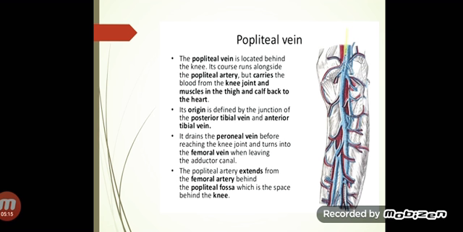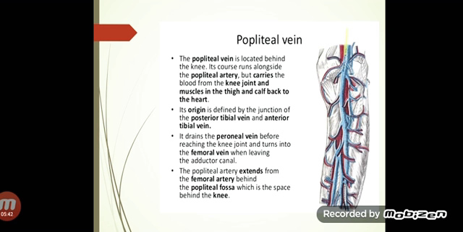Then popliteal vein. The popliteal vein is located behind the knee. It runs alongside the popliteal artery but carries the blood from the knee joint and muscles in the thigh and calf back to the heart. Its origin is defined by the junction of the posterior tibial vein and anterior tibial vein.